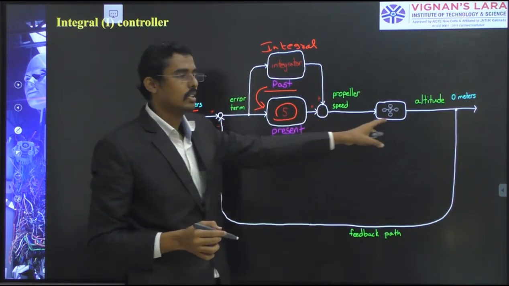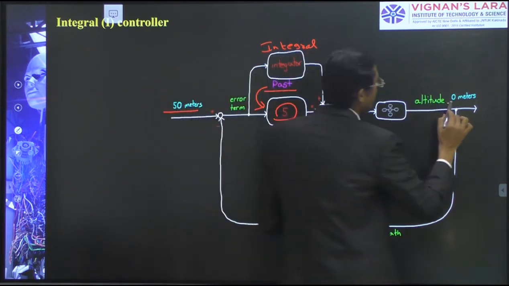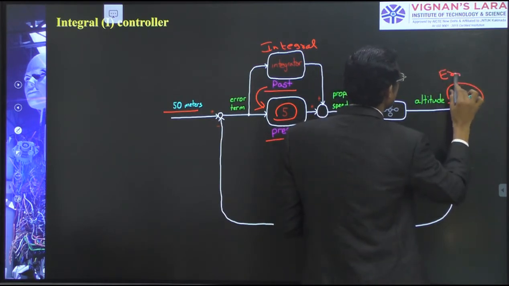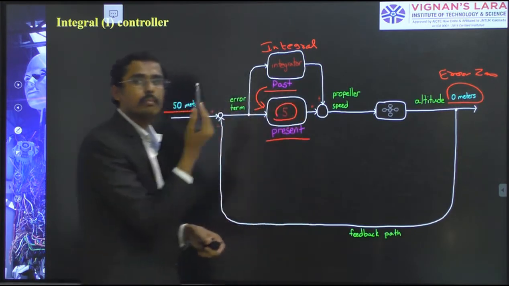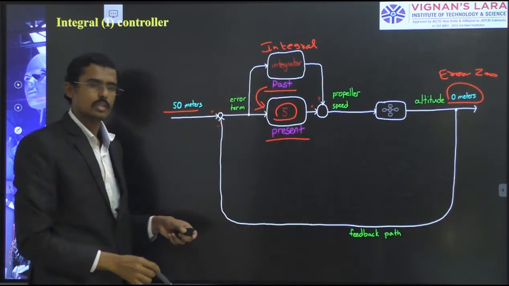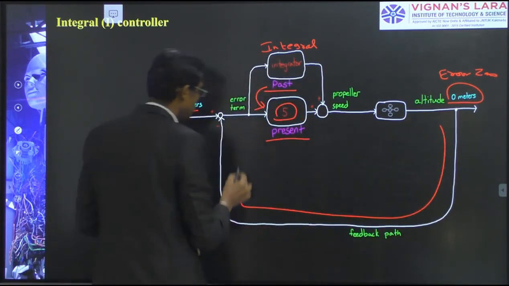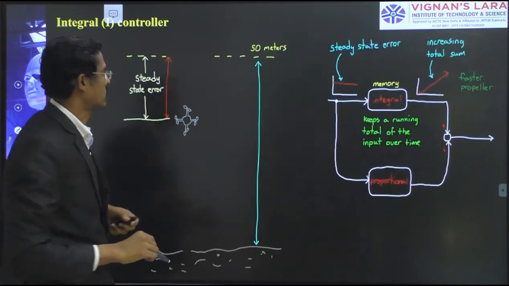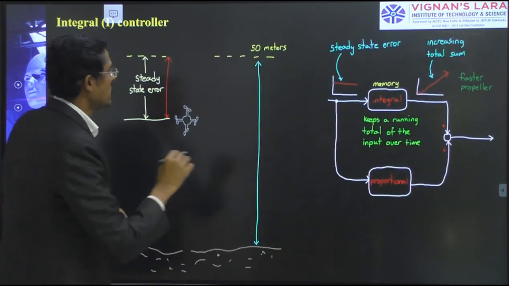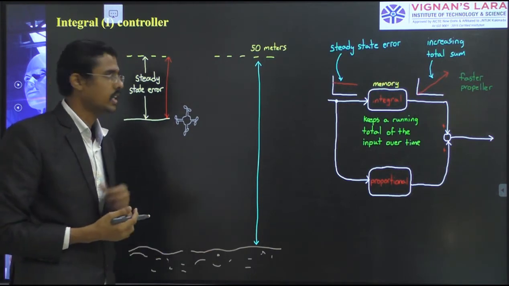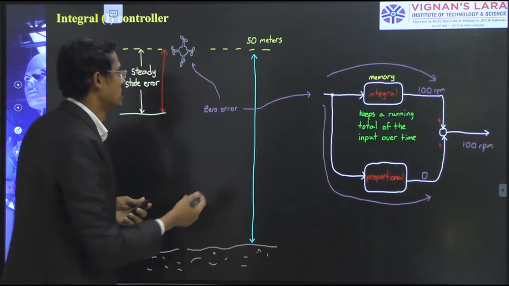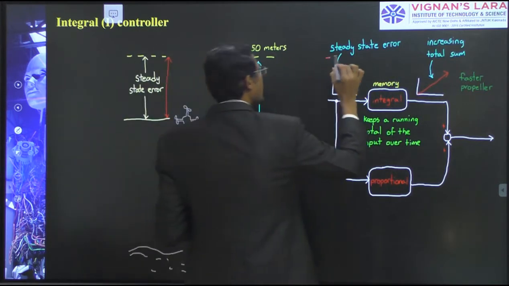We will reach the target, the error is 0, but it is running at 100 RPM and constantly moving. So we are getting this feedback. So this is one part. Now you see, in this integral part, what happens? The steady state error is not there.